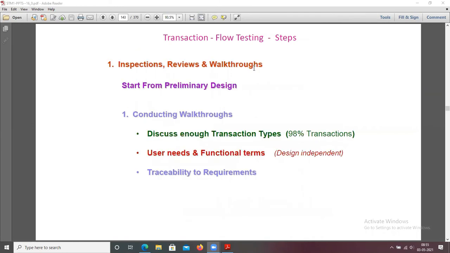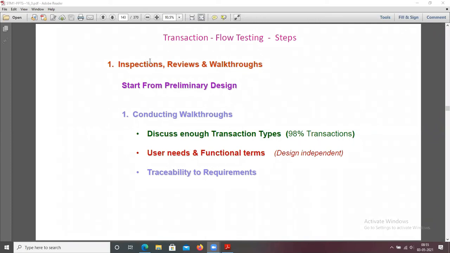Okay, this is about inspections, reviews and walkthroughs. What do inspections mean? Inspections are done to identify errors in programs. In these inspections, you check syntax errors and whether the program violates any rules. You also do comparison of code, referencing code, comparing the flow graph, and sensitizing path inspection.